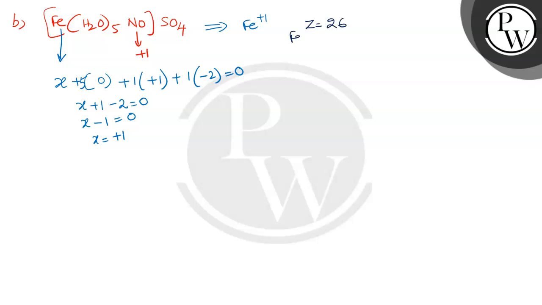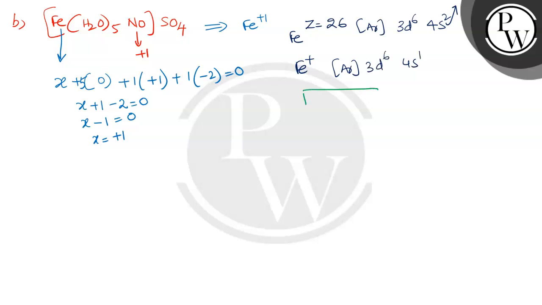Iron electronic configuration is argon 4s2 3d6. So it lost how many electrons to form complex? 1 electron. So to form Fe plus. So iron lost 1 electron. So its configuration becomes argon 4s1 3d6.